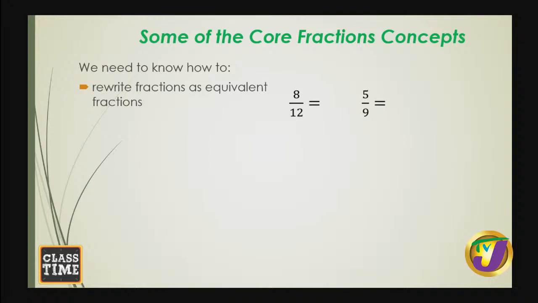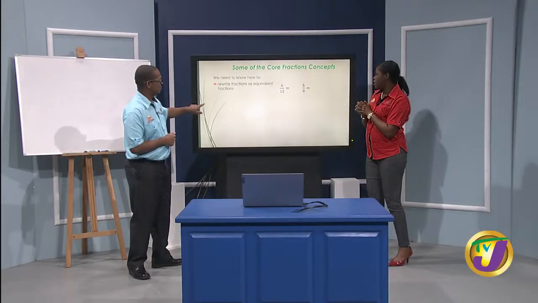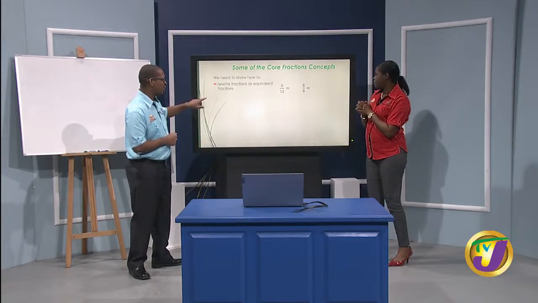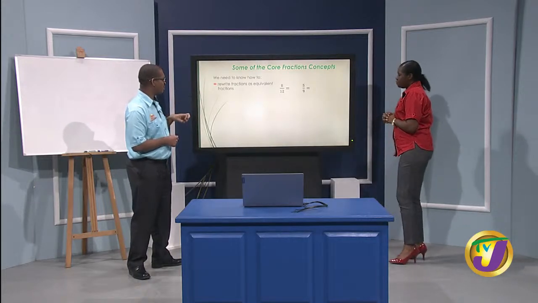Something that has the same value, in terms of proportion. And so we need to multiply or divide, whichever operation, to express it in a smaller format, the lowest format.